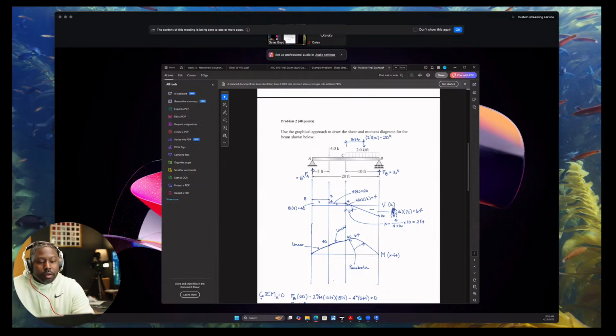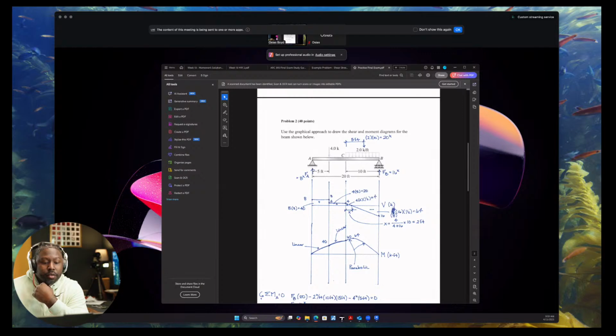So distributed load, load intensity is 2 kips per foot. The load length is 10 feet. So the total force is 2 times 10, which is 20 kips. This is total force.